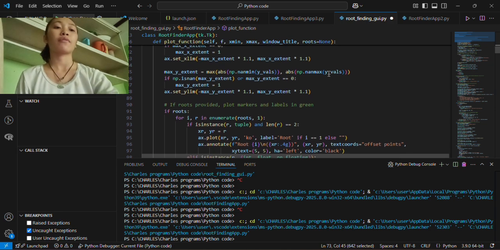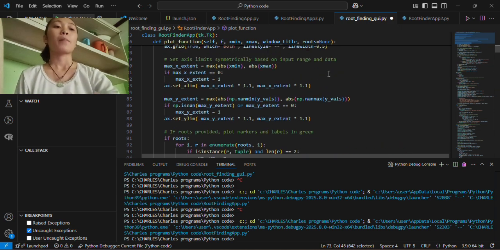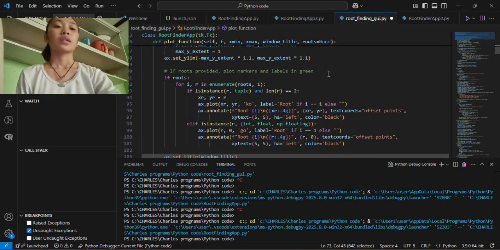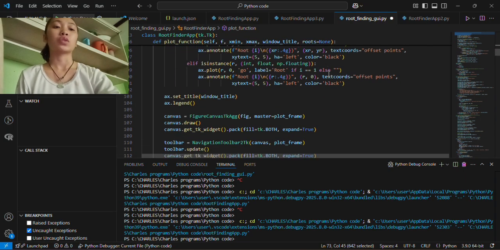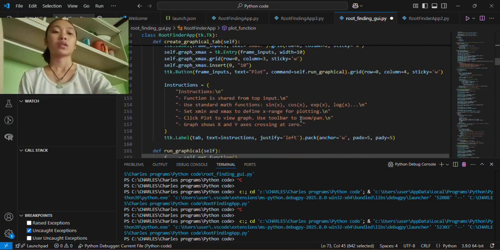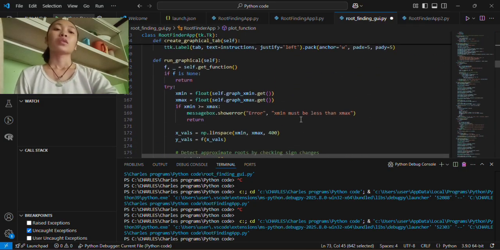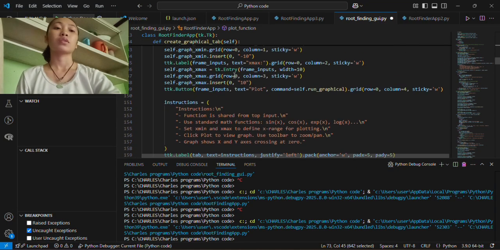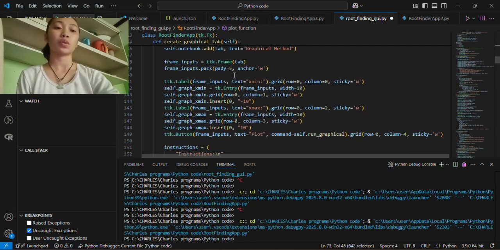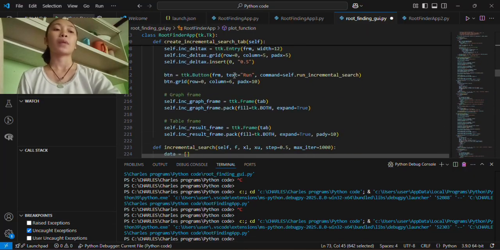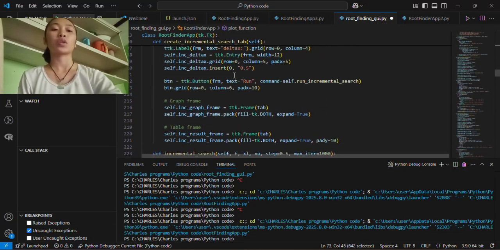If you already have approximate roots, mark them as black dots on the x-axis. This code also adds a title, grid, legend, and shows the plot. Graphical method is the code that logically creates a visual that helps you see where roots might be by plotting the function and highlighting points near 0.